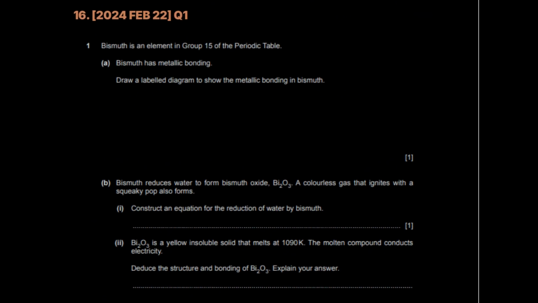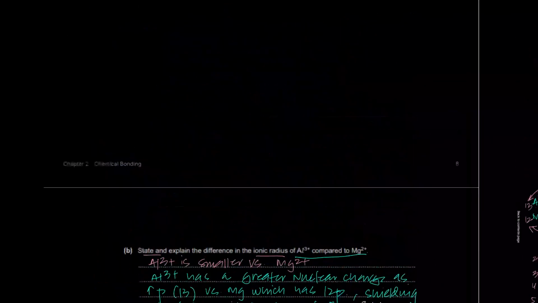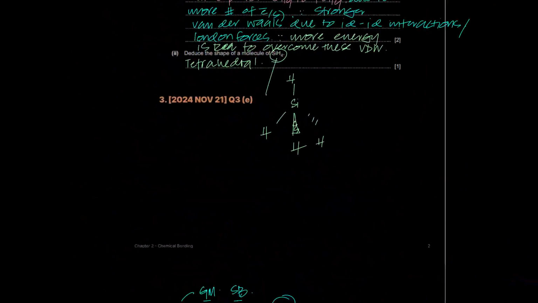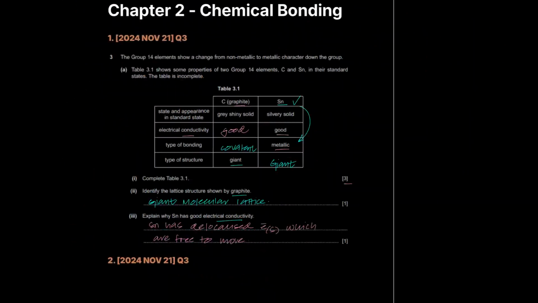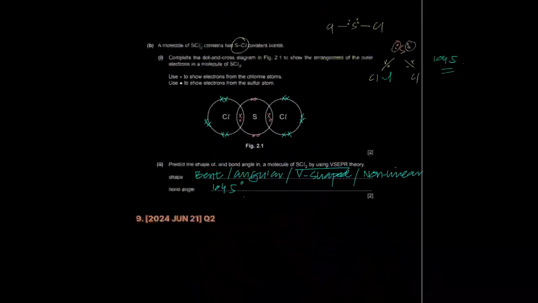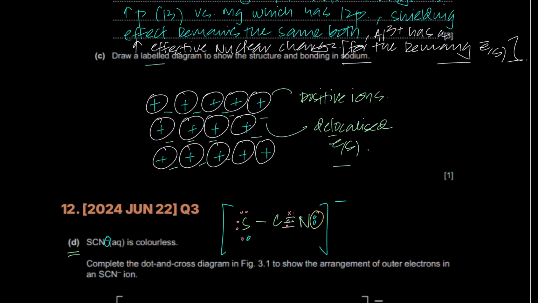Bismuth is an element of group 15 of the periodic table. Bismuth has metallic bonding. Draw a diagram to show the metallic bonding in bismuth. How do I show metallic bonding in bismuth? I show it like this.